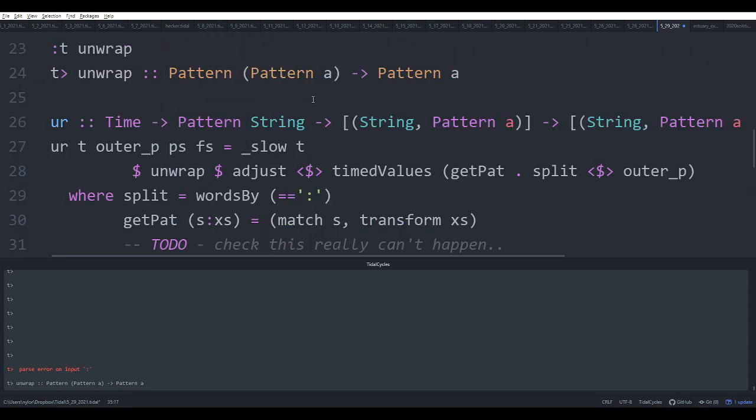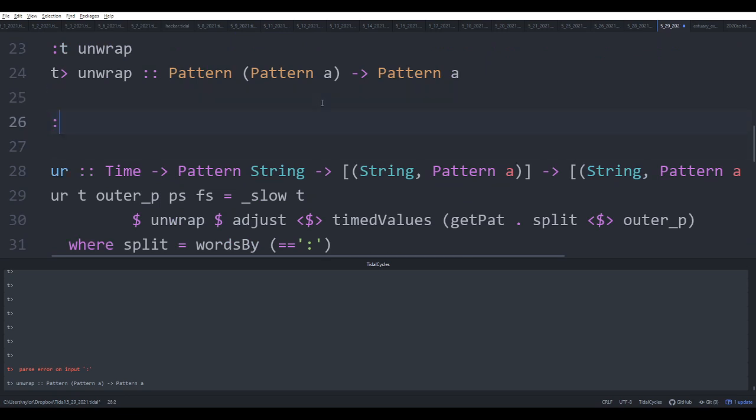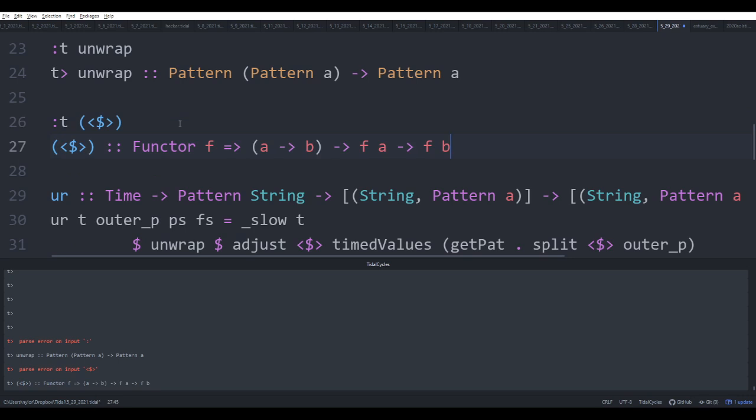Okay, adjust takes, let me see. Oh, right. Let's talk a little bit about this dollar sign operator.